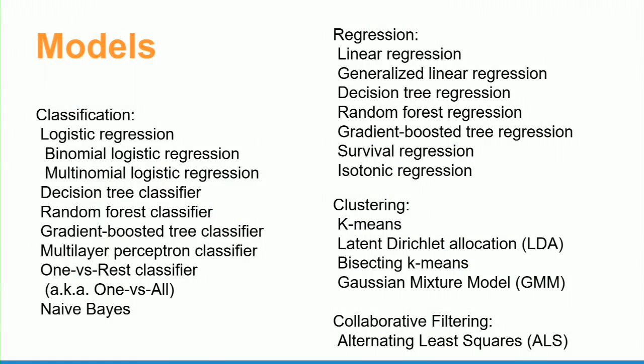So Spark ML supports a decent list of models. I won't say it's perfect. Obviously it has a lot of trees, there's logistic regression, there's clustering. It has decent coverage on a lot of things.